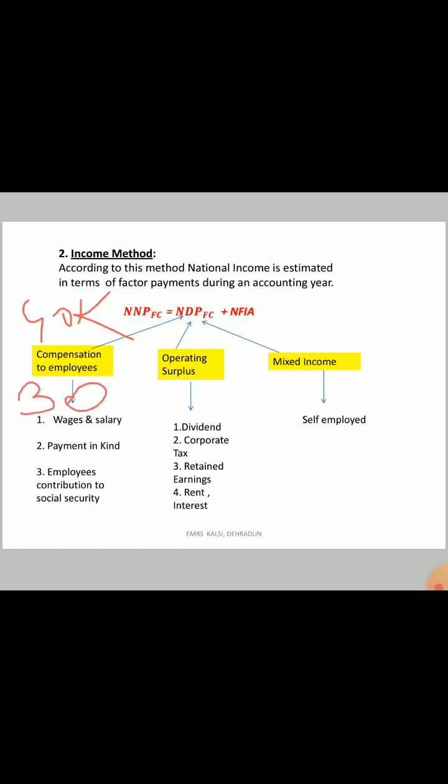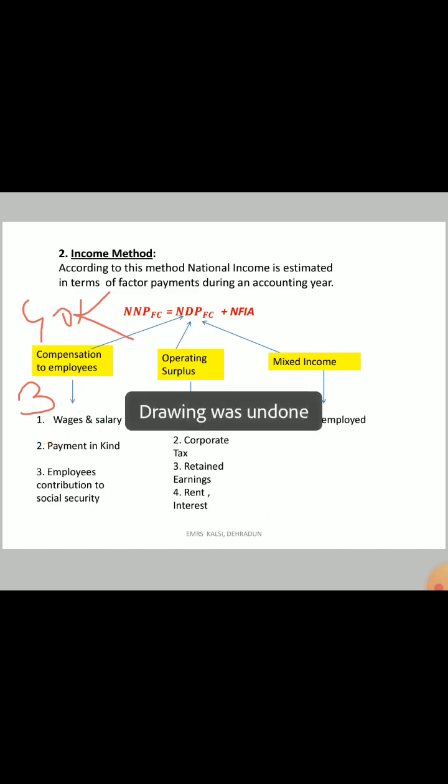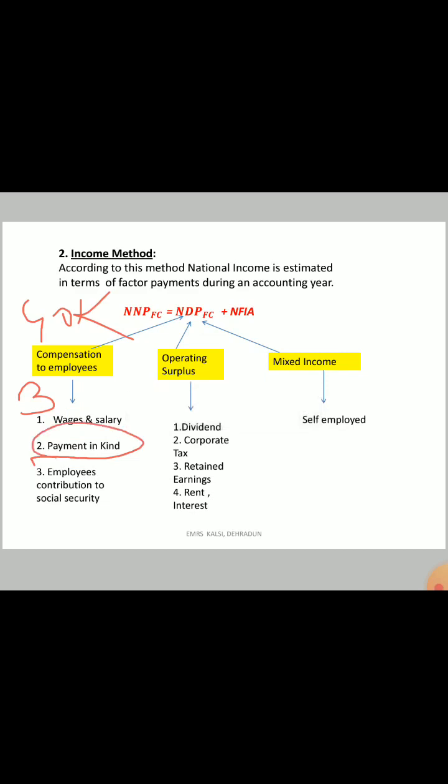Now second is payment in kind. In some kind form I will be getting salary. Like my employer gave me a rent free apartment, medical facility, free electricity, petrol expense. All these expenditures are counted in payment in kind.